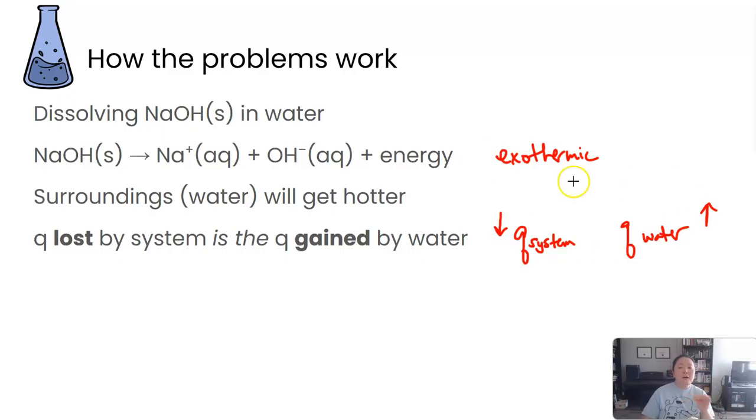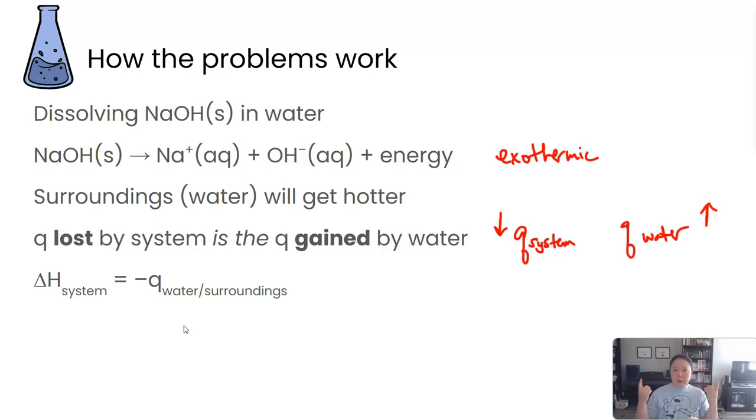This does not a good equation make, because the signs are the opposite way. But what we can do to make this into an equation is we can say that the delta H of the system, the energy change in the system, is equal to the negative of the heat changes in the water.